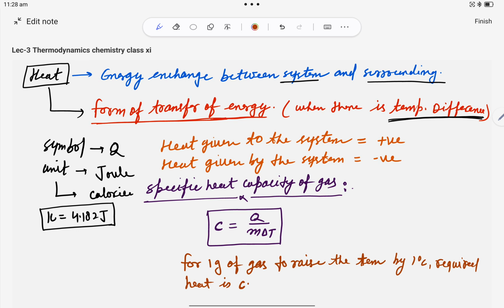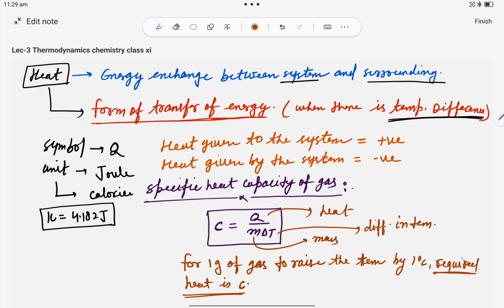You can check it. This is your Q. Q means heat. M means mass, which is 1 gram. T means difference in temperature. So, for 1 gram of gas to raise the temperature by 1 degree Celsius, the required heat energy is your specific heat capacity.